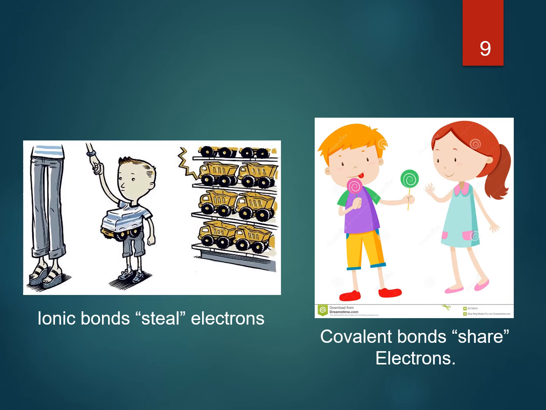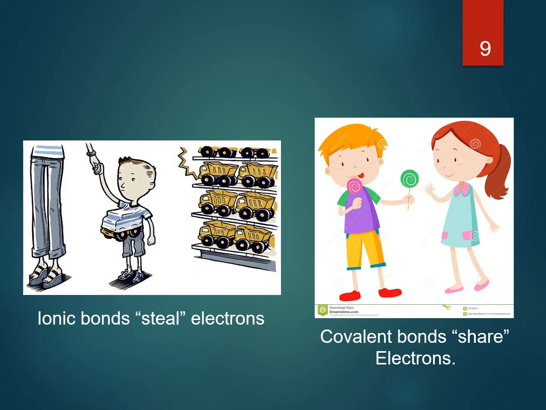So in this case of sodium and chlorine, chlorine is going to steal that one electron from sodium. And when that happens, an ion is created. Sodium loses an electron, and so it takes on a positive charge.